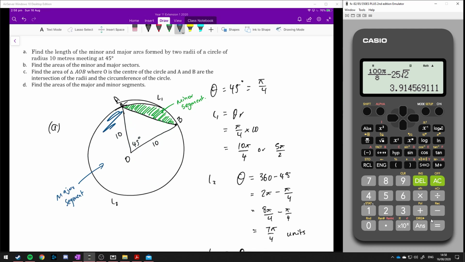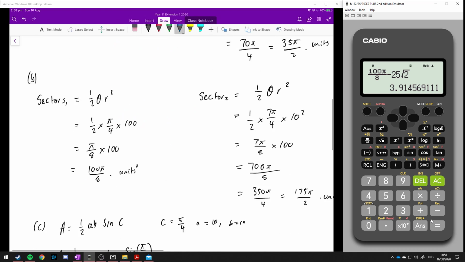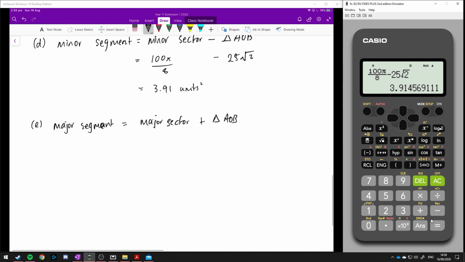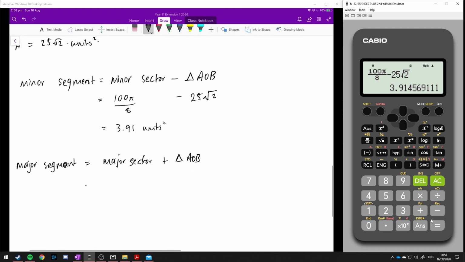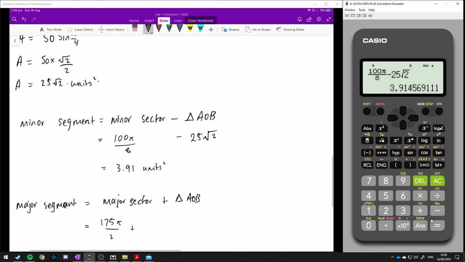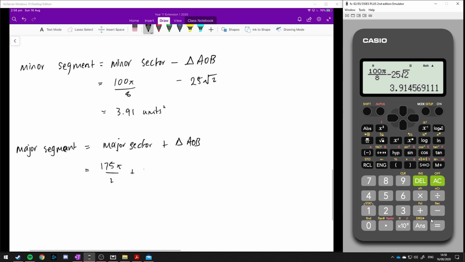So it's this part of the circle, the major sector, plus this triangle here, which gives us the whole of that part there. So the major sector in this case is 175 pi on 2. I'm going to be adding the triangle AOB, which is 25 root 2.